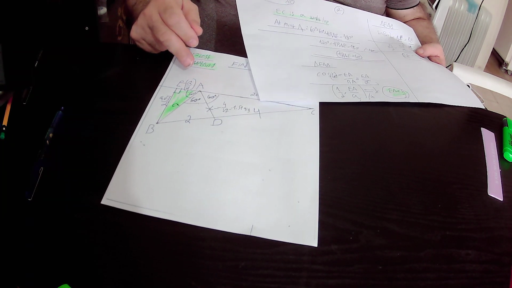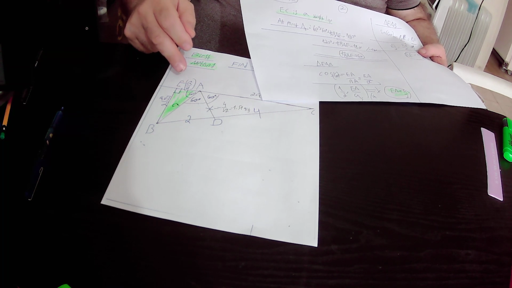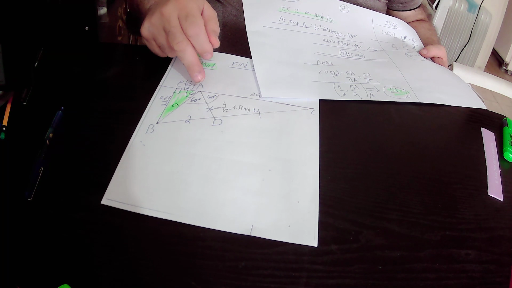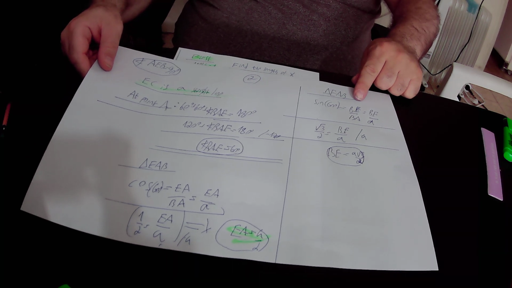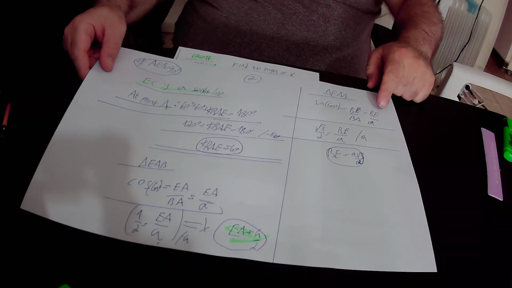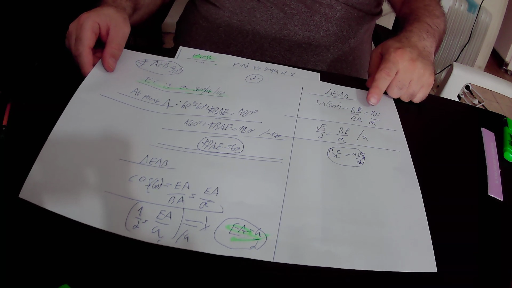Then we continue to focus on the right green triangle, triangle EAB. In this triangle, we know that sine of 60 degrees equals EB over BA.